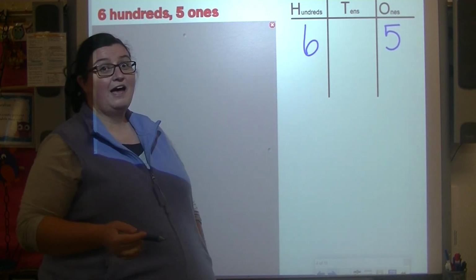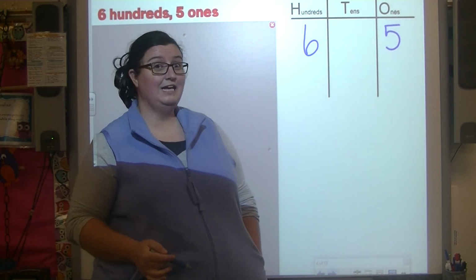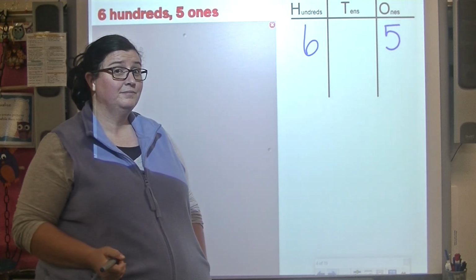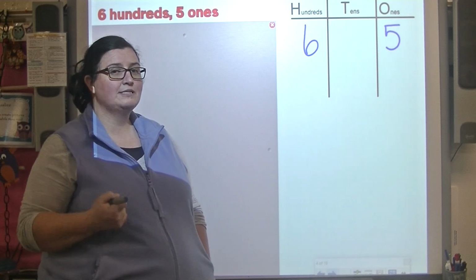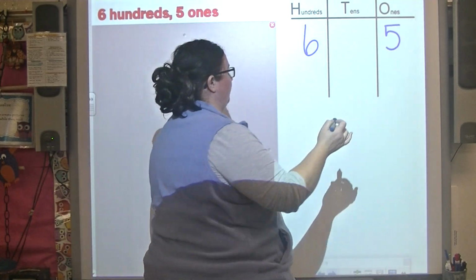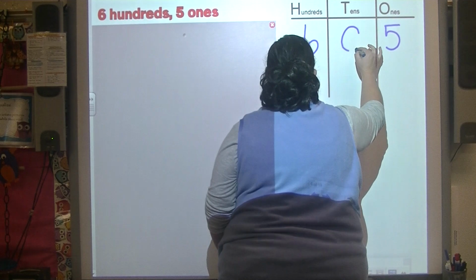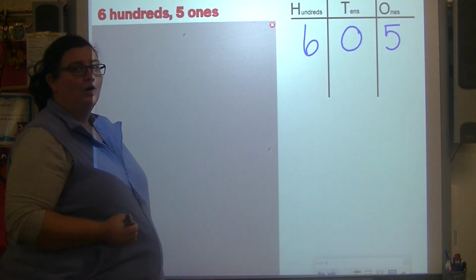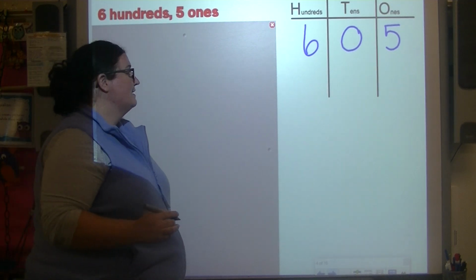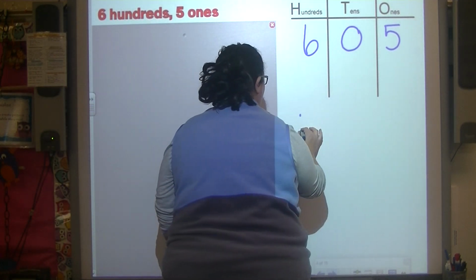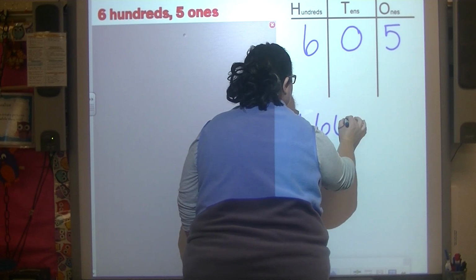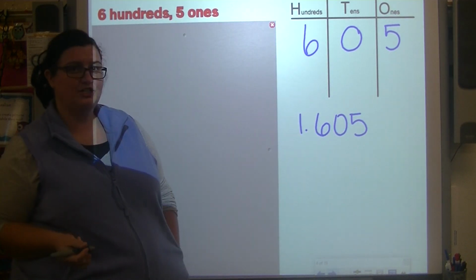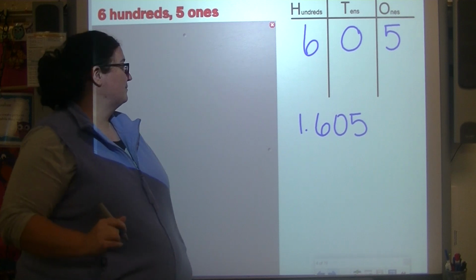If it does not have tens in it, what do we put in its place? We put a 0 in there as a placeholder. So let's put the 0 in. Now, what is our number? 605. So I'm going to put number 1, 605. Now, do we have a 3-digit number? Yes, we do.